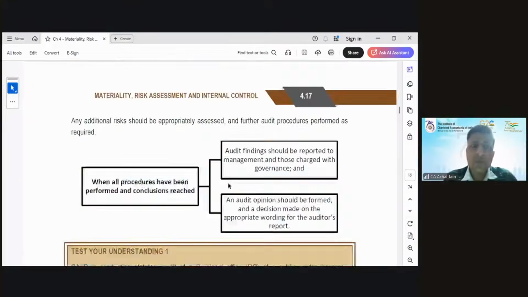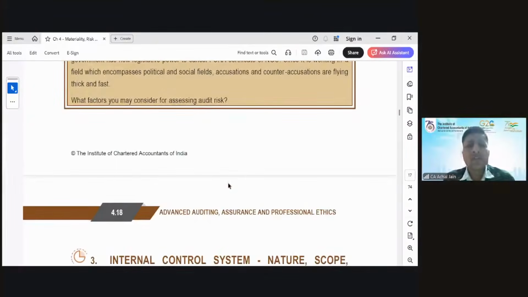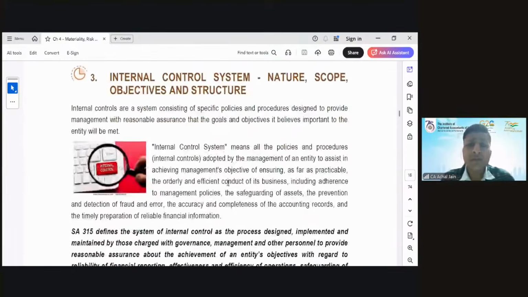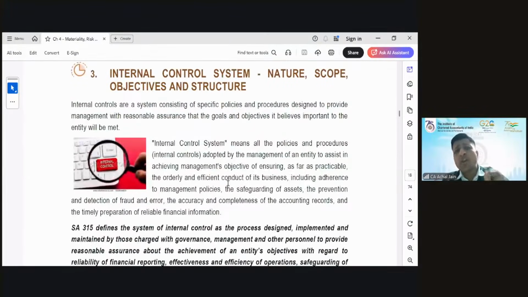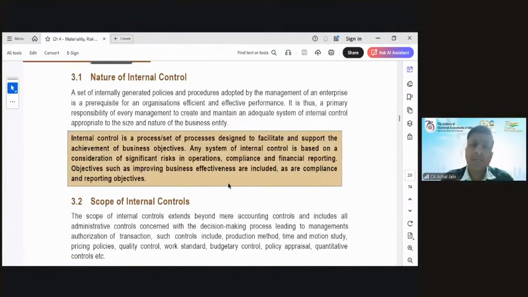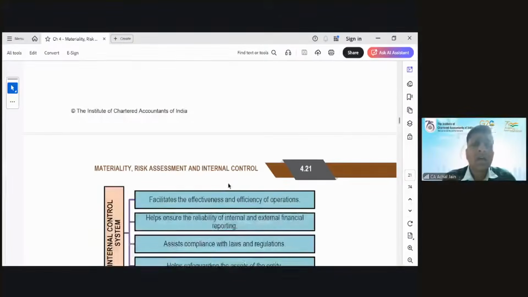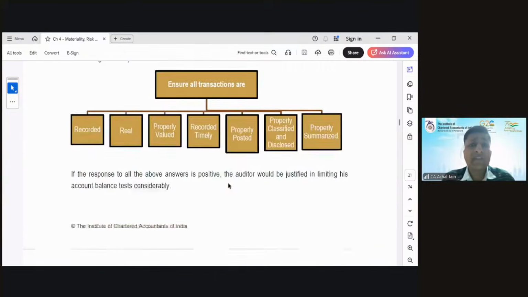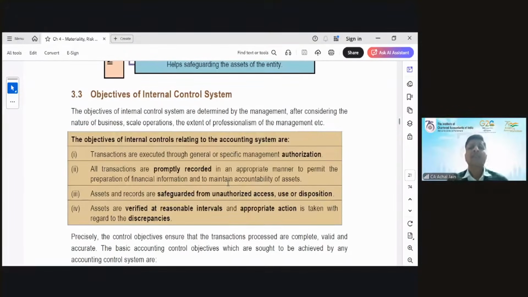So now what we can do is we can just first of all look at some of these requirements in relation to the risk assessment, as to how the risk should be assessed, how the risk would have been identified, and eventually what is it that you will do as an auditor.